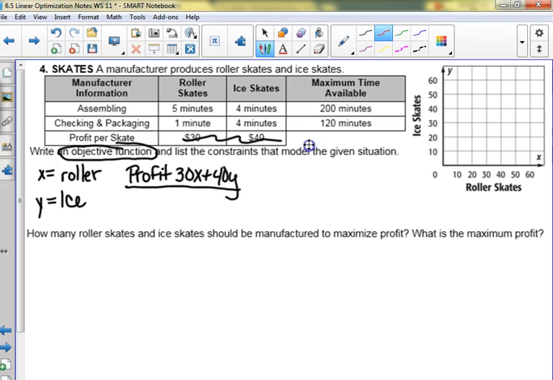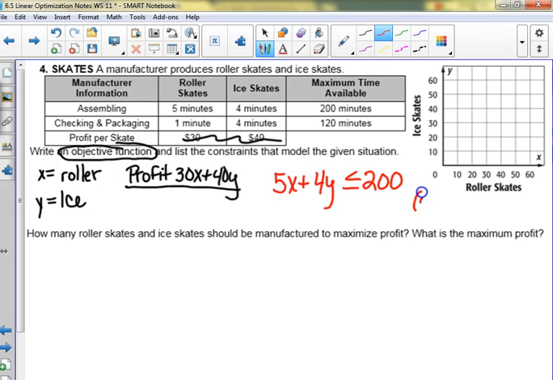All right. We have constraints related to assembling. We only have 200 minutes to assemble, so we have to be less than or equal to. And every time we make a pair of roller skates, it takes 5. And every time we make ice skates, it takes 4. So 5x plus 4y is got to be less than or equal to 200. Okay, can we graph that one?